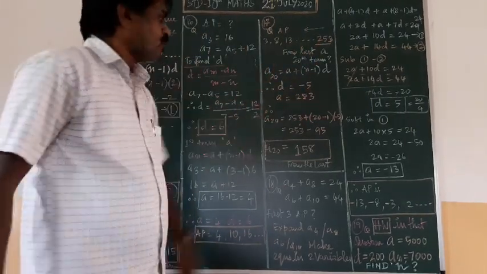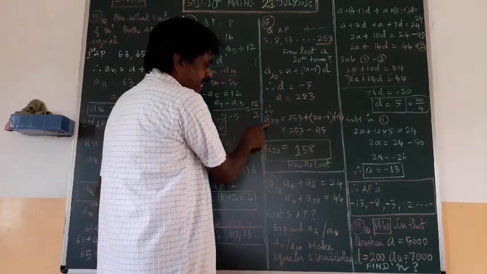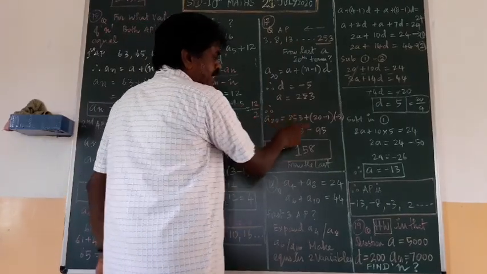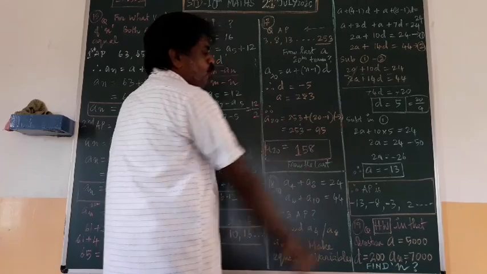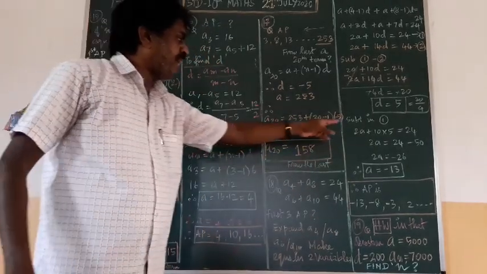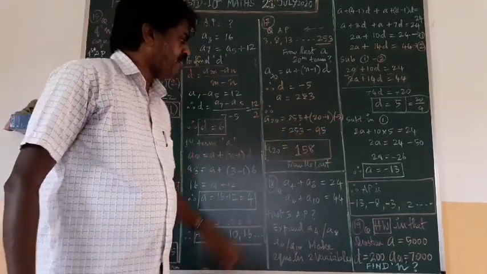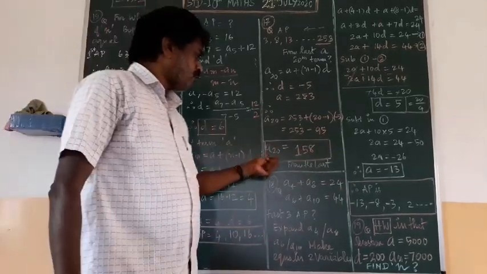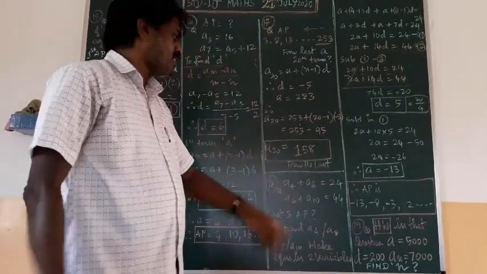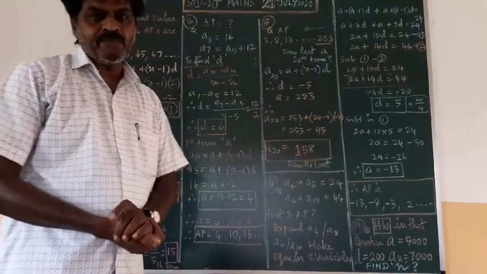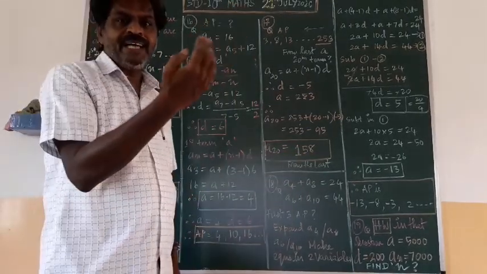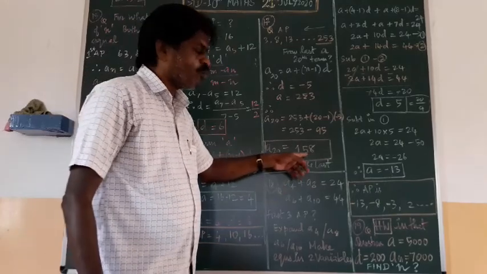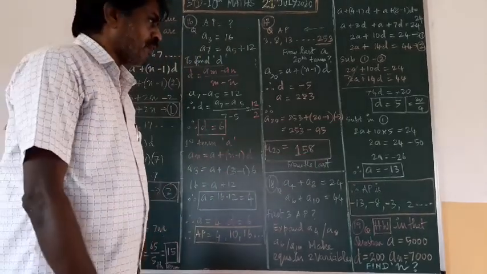Now substitute: the 20th term equals 253 plus (20 minus 1) times minus 5. Simplifying, minus 95 and 253, the 20th term from the last is 158.